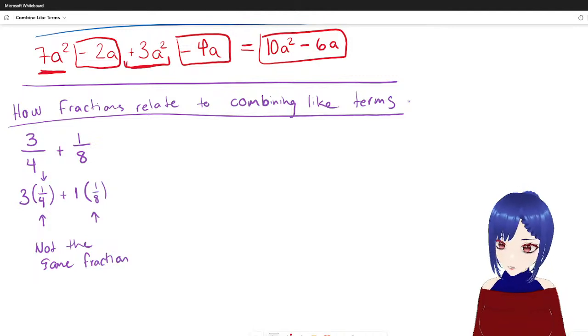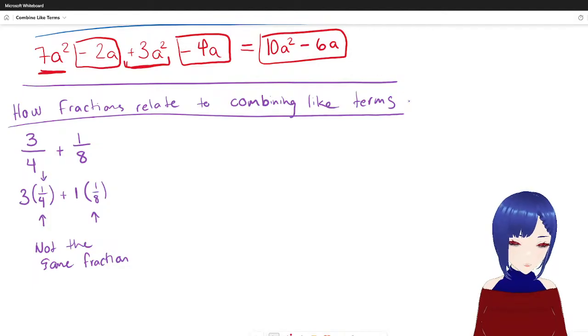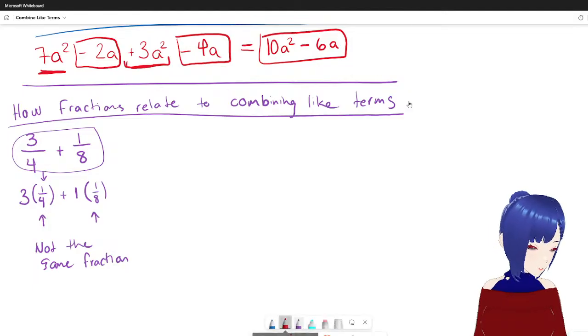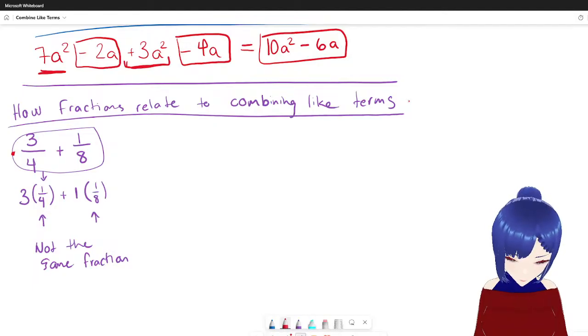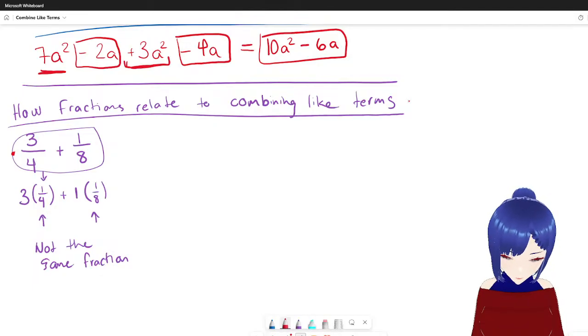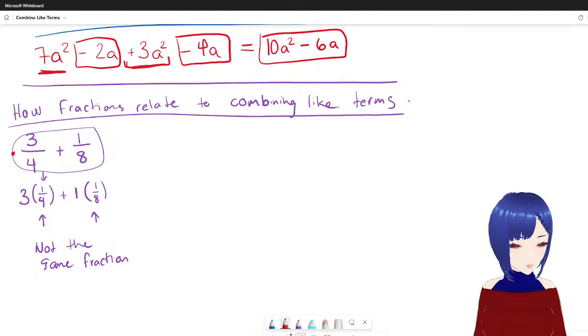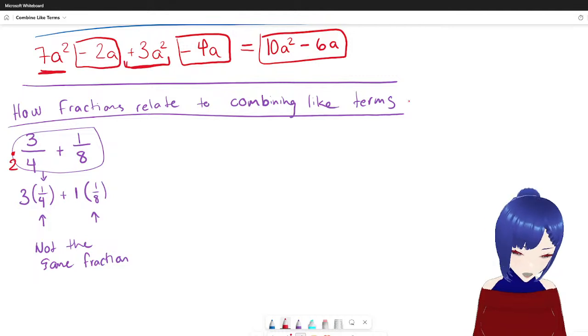If I wanted to turn the 4th into an 8th, I'm gonna do it with the top part because that's how we do it. We would ask ourselves, what can I multiply to turn 4 into an 8? Well, 4 times 2 is 8.